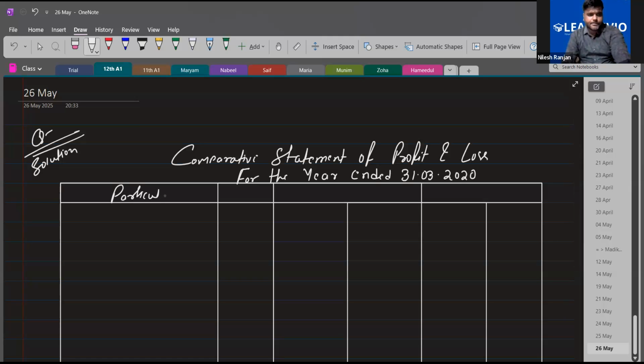Particulars, note number, amount, and here it is change. In amount there will be 2019-20 and 2018-19. Change: absolute change and percentage change.